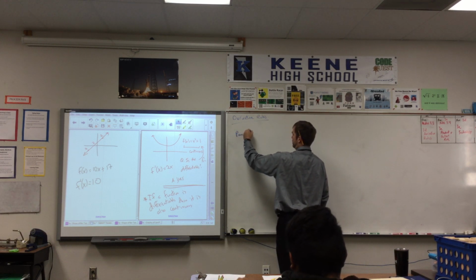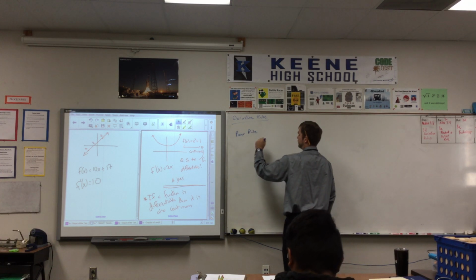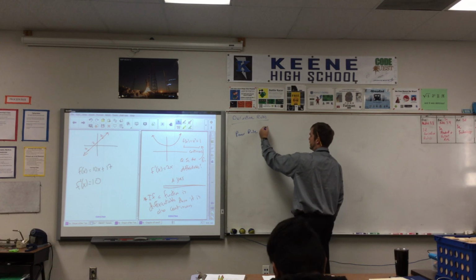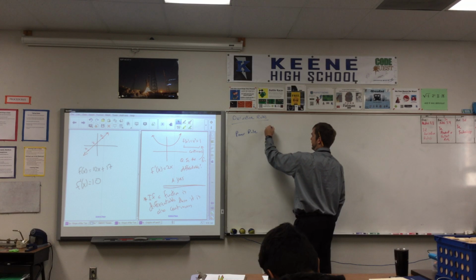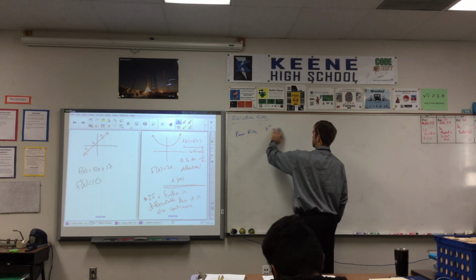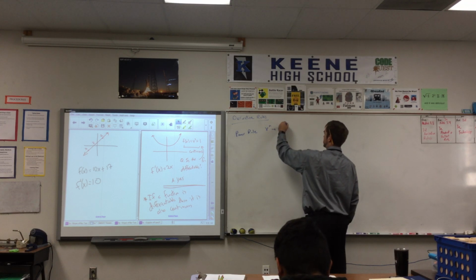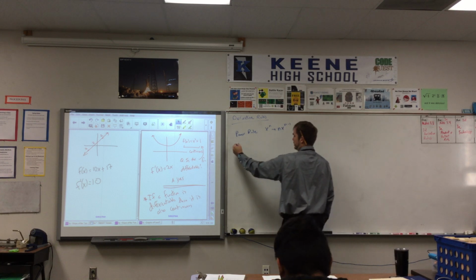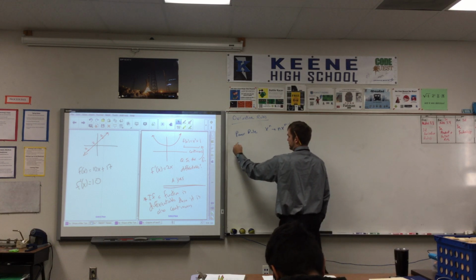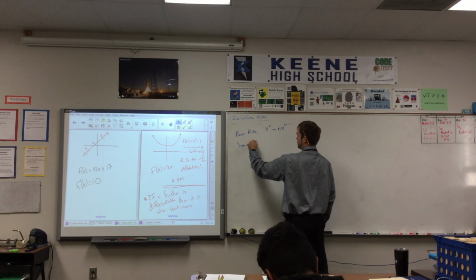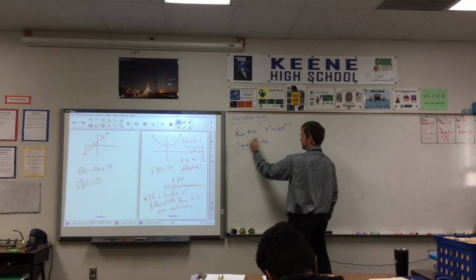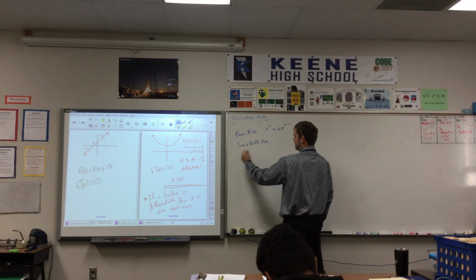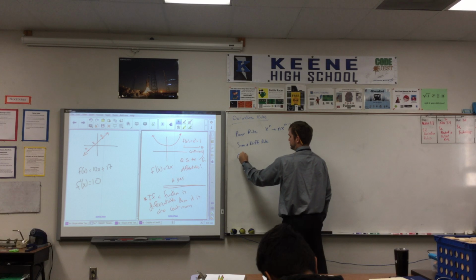We already talked about the power rule, where x to the n goes to n x to the n minus 1. Sum and difference rule. One thing is we've got the constant multiple rule.